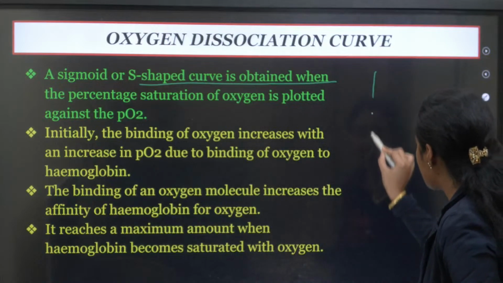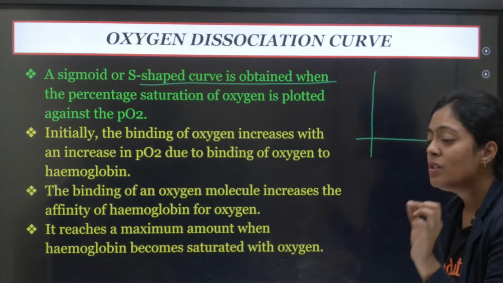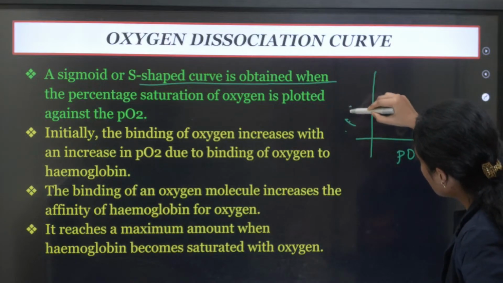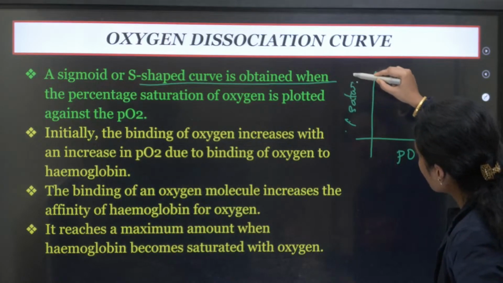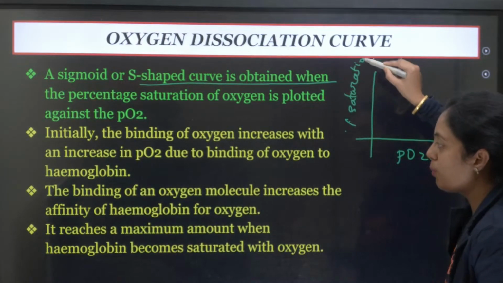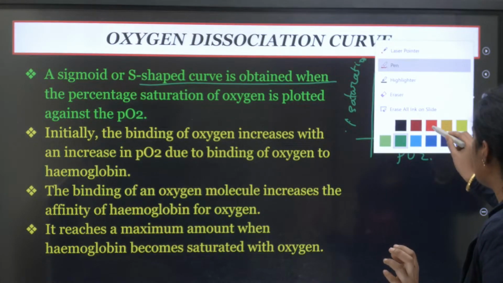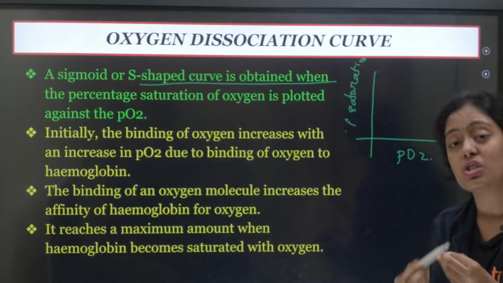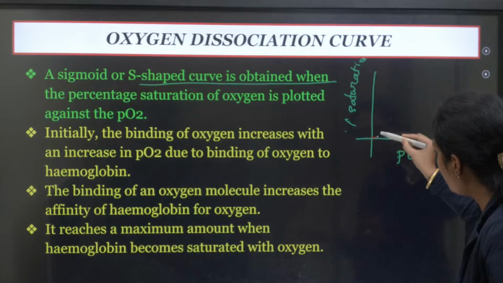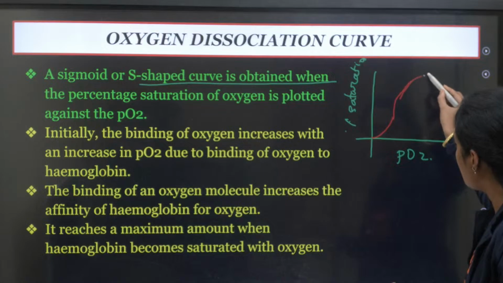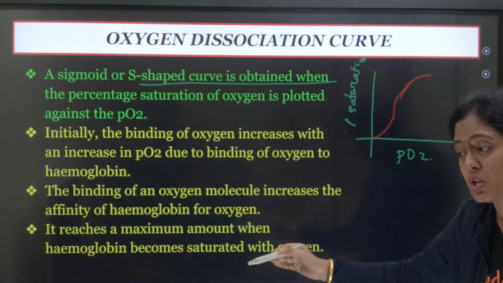The x-axis and y-axis are very important, guys. What is on the x-axis? PO2. What is on the y-axis? Percentage saturation. Initially, the binding of oxygen increases slowly. Once the saturation reaches 100%, it remains constant.